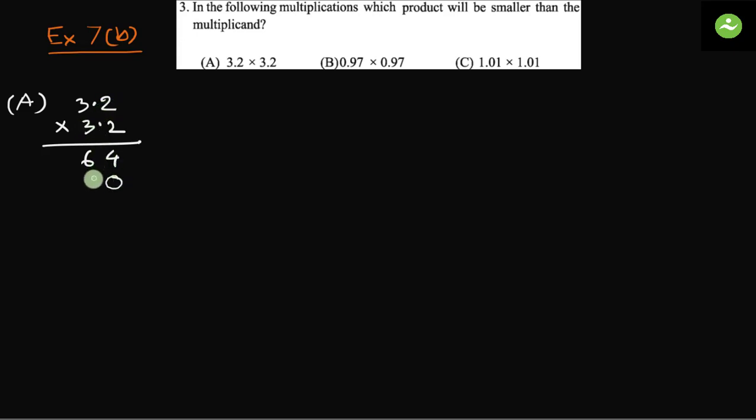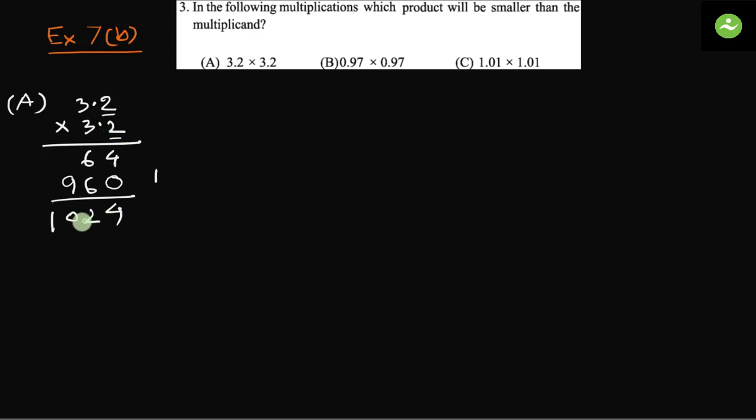Then 3 into 32. 3 into 2 is 6. 3 into 3 is 9. Now add: 4, 12, 1 in hand, 9 and 1, 10. Now count how many digits before we have to put the decimal point. Here is 1 digit, here is 1 digit.